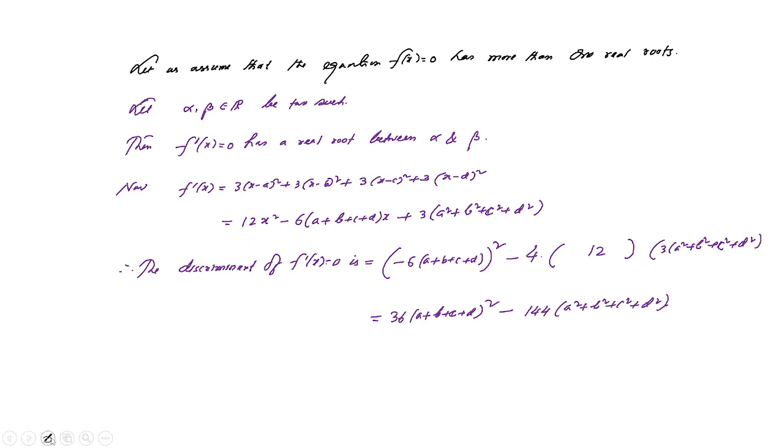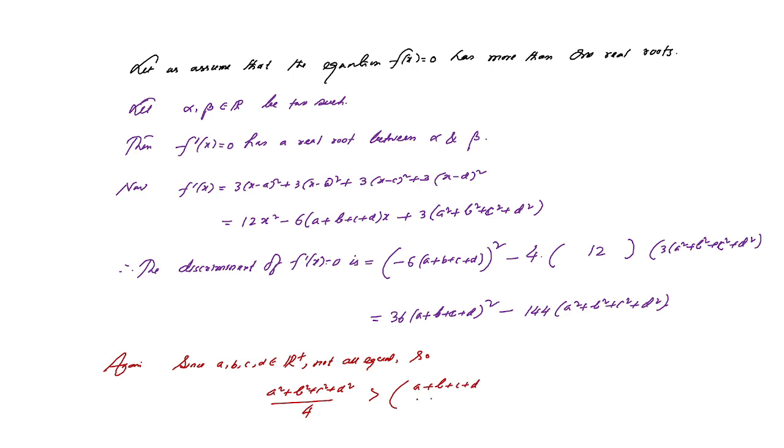Now since a, b, c, d are all positive real numbers, not all equal, with the help of the power mean theorem, for m = 2, we can say (a² + b² + c² + d²)/4 is greater than ((a + b + c + d)/4) whole squared.